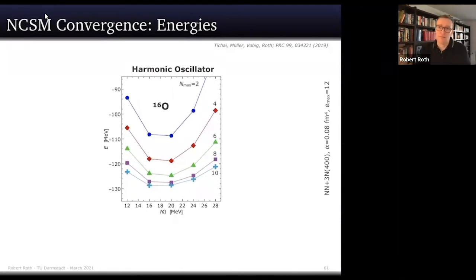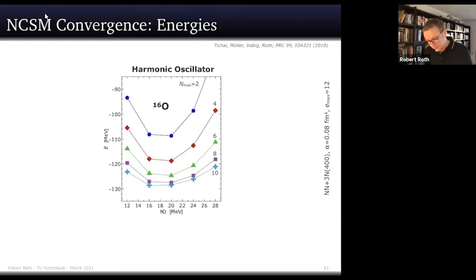You can choose the stiffness of your oscillator if you like, and this will affect the convergence of your results. Therefore, if you do this classical no-core shell model with a harmonic oscillator basis, you always go through these plots. You look at different oscillator frequencies and compare the convergence behavior as you increase Nmax for these different frequencies.